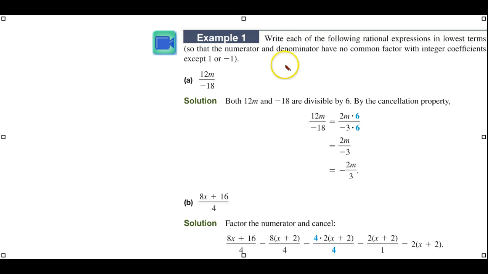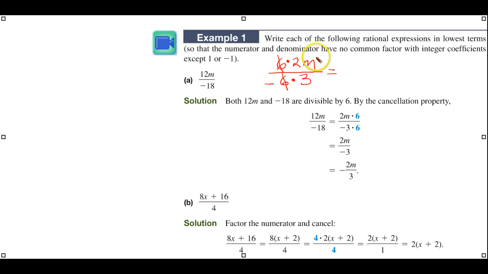Now mentally you might think of 12m as 6 times 2m, and your denominator as a negative 6 times 3. And notice you now have a common factor of 6 over 6, and this can be canceled out.